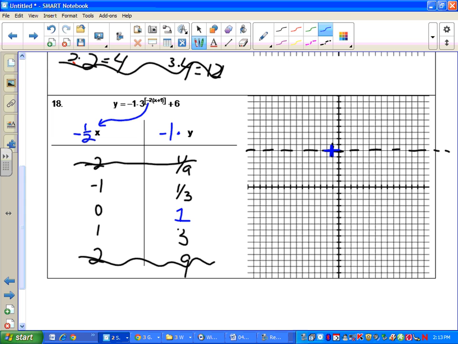Now what do you do? And you can just be thinking this. You're going to get to where you just think it in your head and do it. But what does this give you?